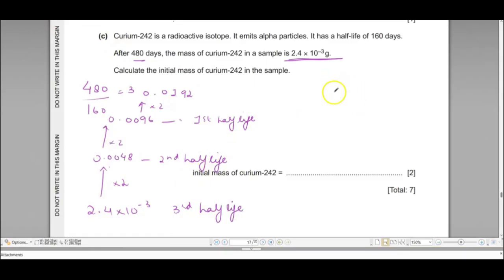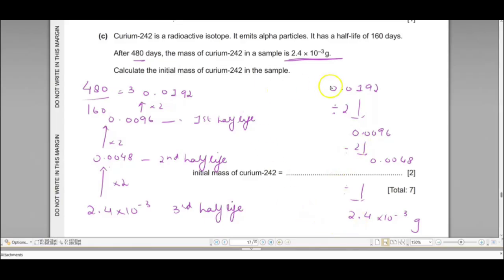When we have to find out how much sample is left and we have the initial one, after 1 half-life, it has to be divided by 2 and it is going to be halved. And then another half-life passes, divided by 2 and it is halved. And then another half-life passes and we reach this much sample. Okay, 3 half-lives have passed.